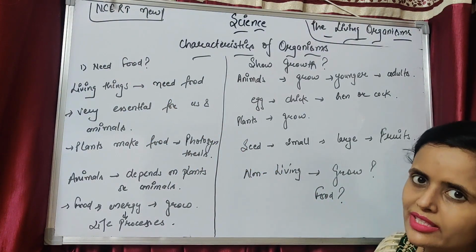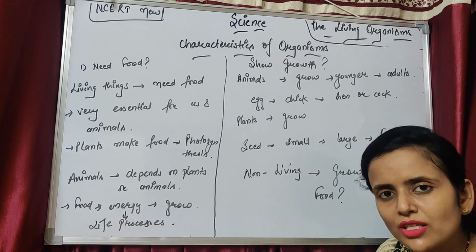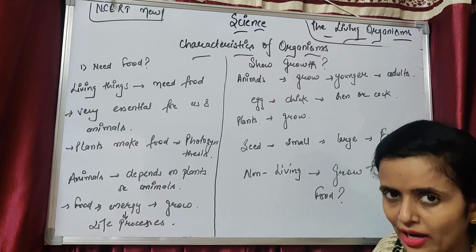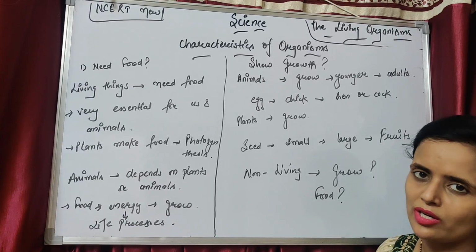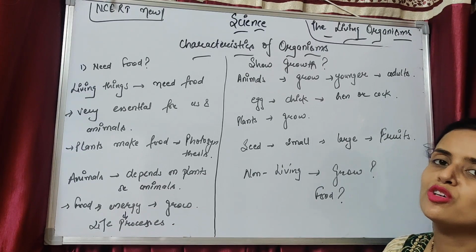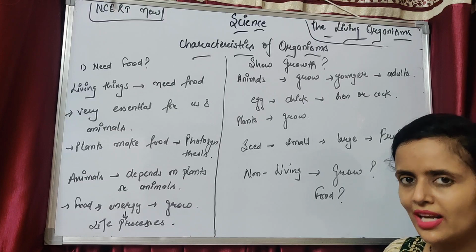Plants make their food by themselves through photosynthesis. Animals depend on plants or other animals.